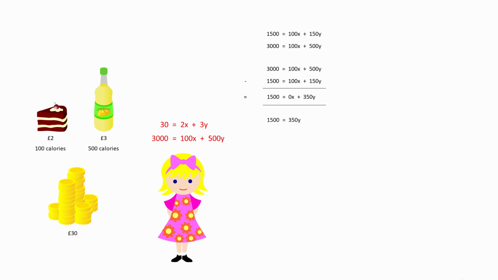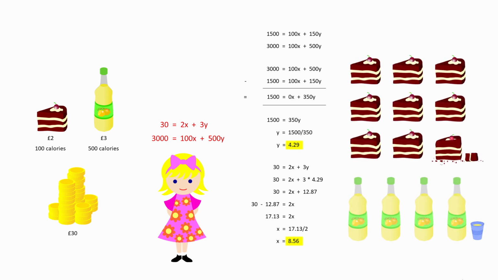She now has an equation with only one variable, y. With a little rearrangement, she finds that y is equal to 4.29. Now she substitutes the value of y back into the first equation, and with a little more rearranging, she arrives at a value for x. That's 8.56 slices of cake and 4.29 litres of lemonade. Clever girl.